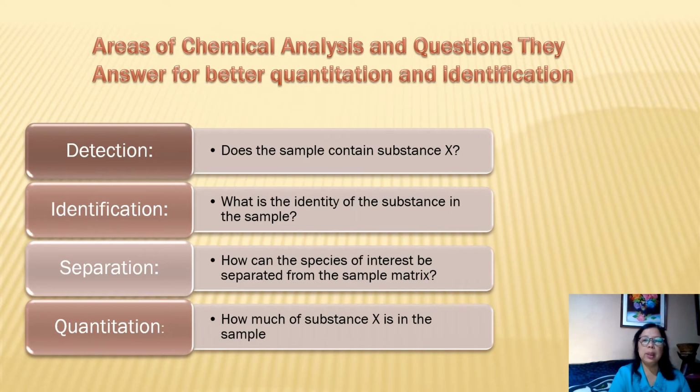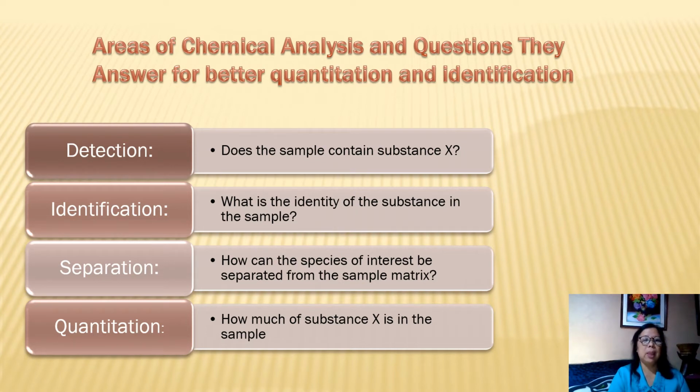That poison is your unknown, and you could mark that as your substance X. So does the milk tea, or the sample, really contain substance X? Does the milk tea really contain poison?